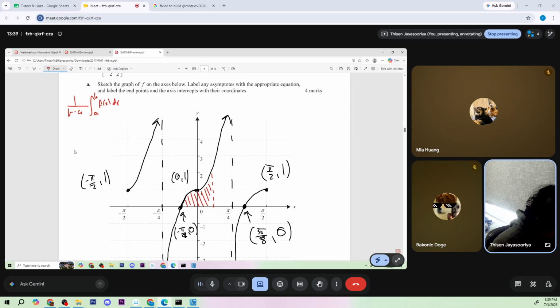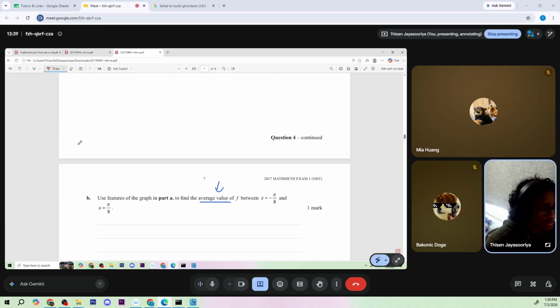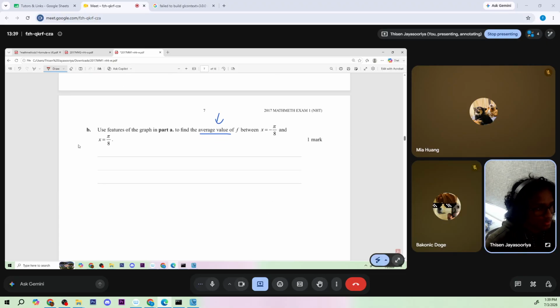Do you see how this area actually nicely fits in over here and gives us a height of 2? So a rectangle with a height of 2 and a length of pi over 8. So the y average is just going to be equal to 1 over pi over 8 take negative pi over 8, times the area, which is just 2 times pi over 8.